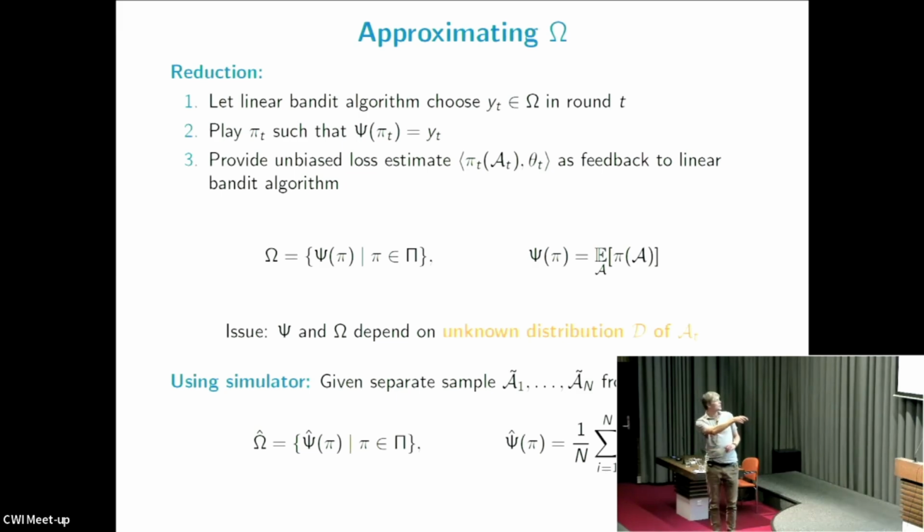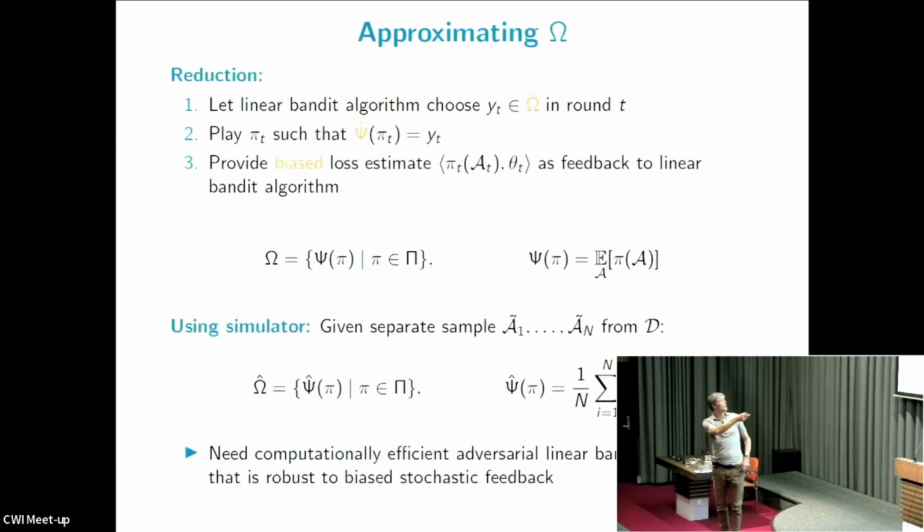And then we also get an empirical analog of this domain of all achievable mean actions, so instead of Ω, we'll have an Ω hat. Then instead of playing the linear bandit over Ω, we will now play over this estimated domain, Ω hat, and we'll map its output to a policy not using ψ, but using ψ hat. So these are things that we have access to.